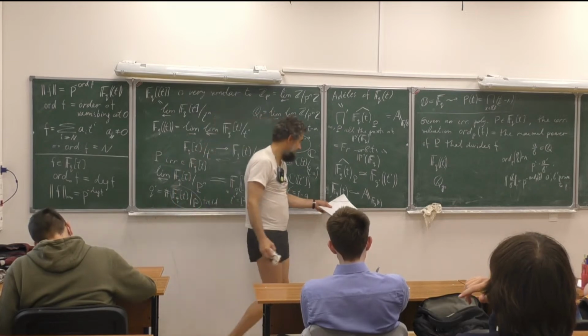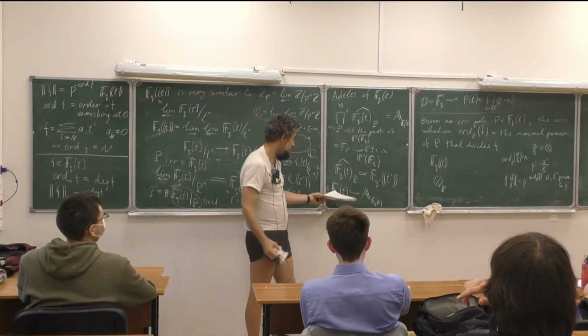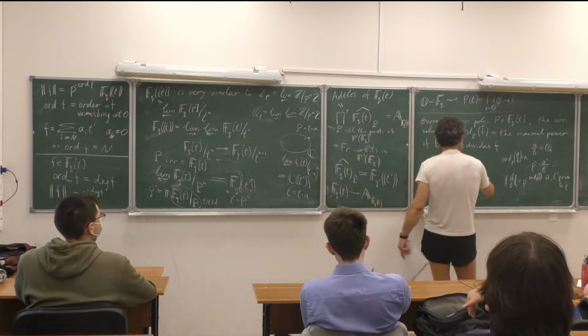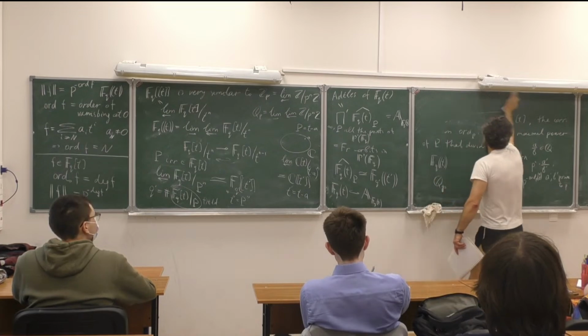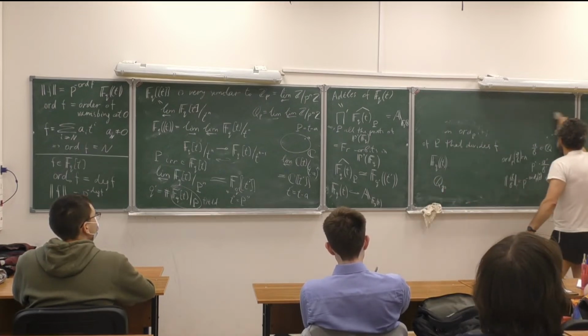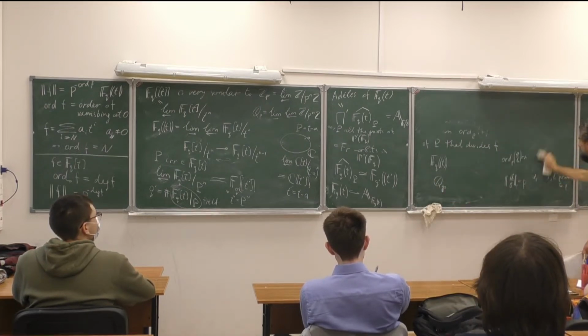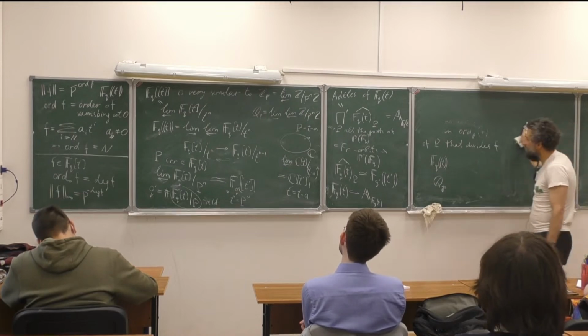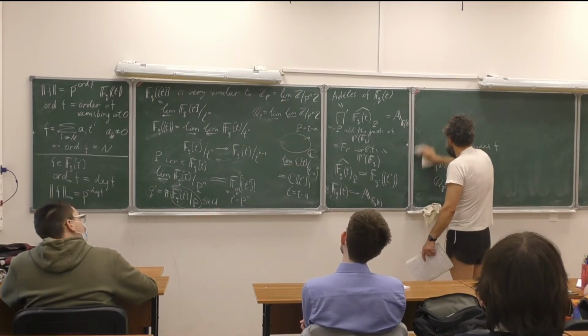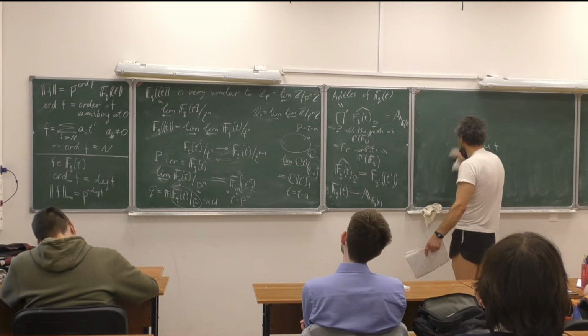Well, it takes a function f and associates to this function all its Taylor expansions at all the points of P1 of F_q. It has finitely many poles.